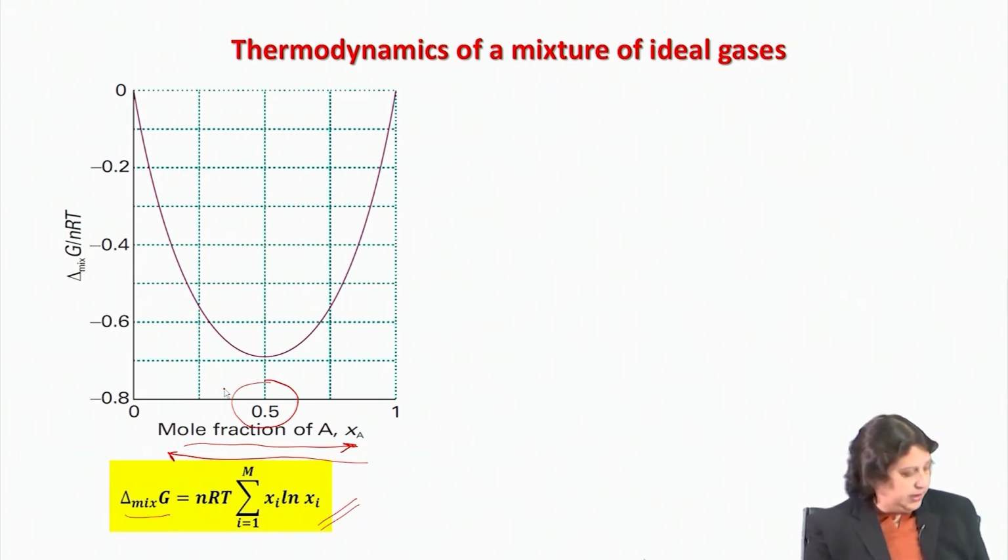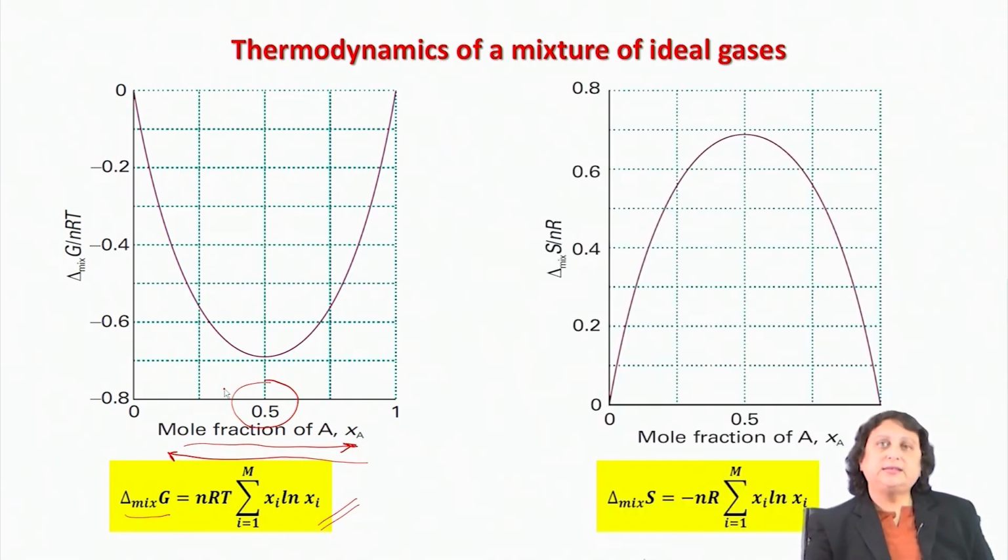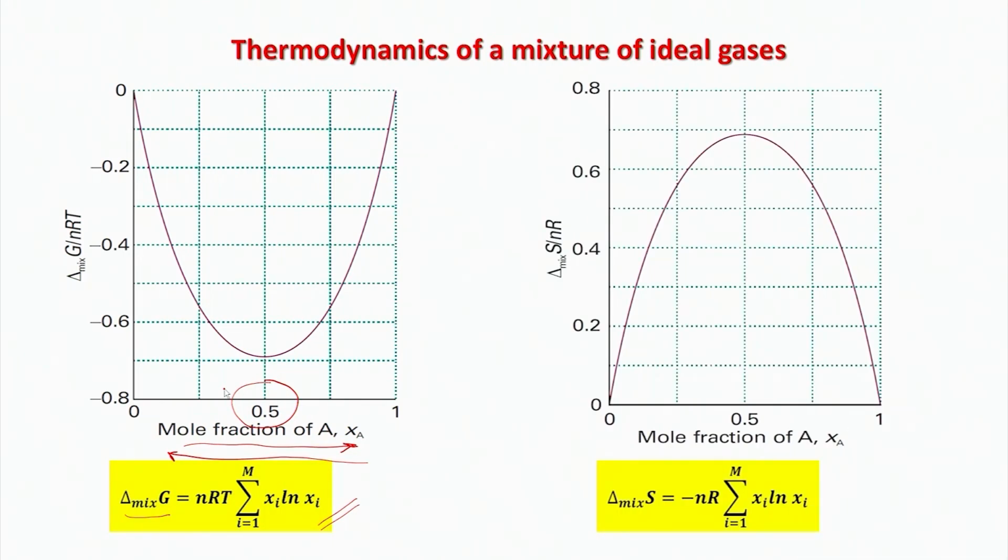And let me remind you that this is the situation that we do have when I evaluate the change in entropy of mixing as I go on changing the value of XA. And you would see once again here, upon mixing, there is no change in internal energy. This is because you are mixing ideal gases.